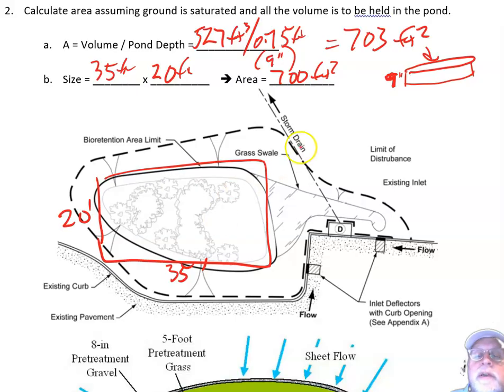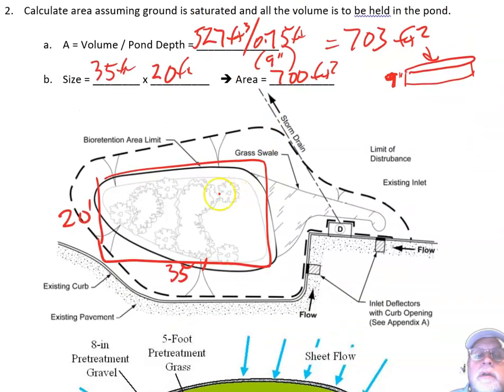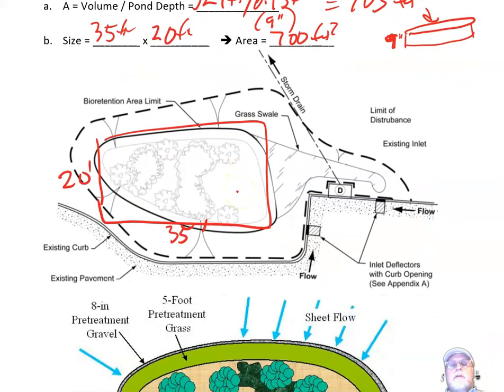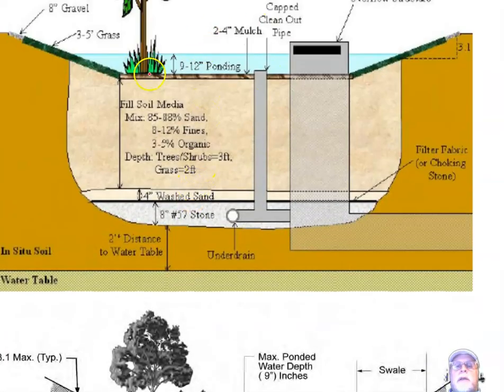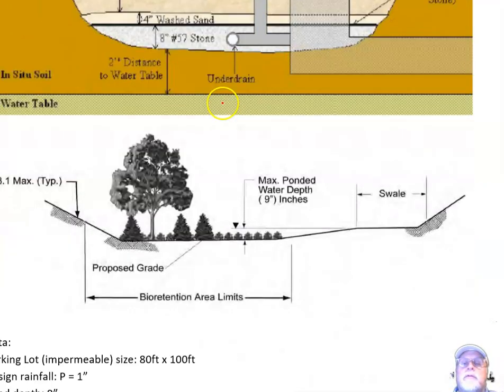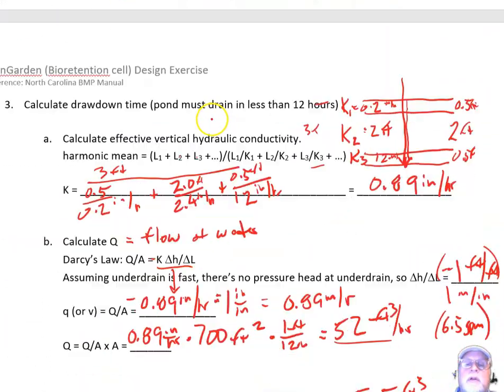We made some simplifying assumptions, and we said that we have 525 cubic feet in this ponding area. Now we're going to have to drain it down through there. Once the water surface is right there, we're going to have to let it drain down. And so the volume below that now includes the soil, so we've got to account for that.